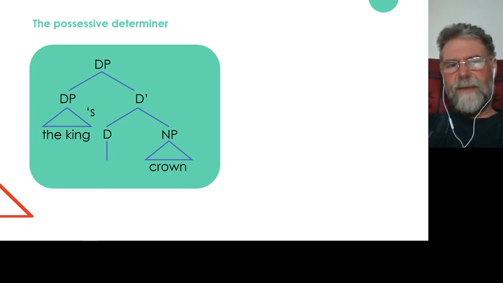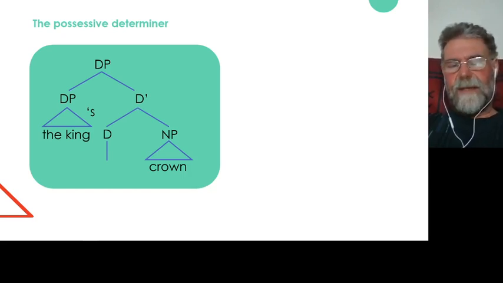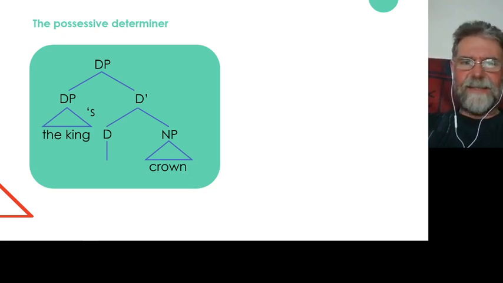Now, if we apply what's going on with the contracted 'll in the clause, which is the head of the IP attaching itself to its own specifier, then we reverse engineer that kind of analysis.